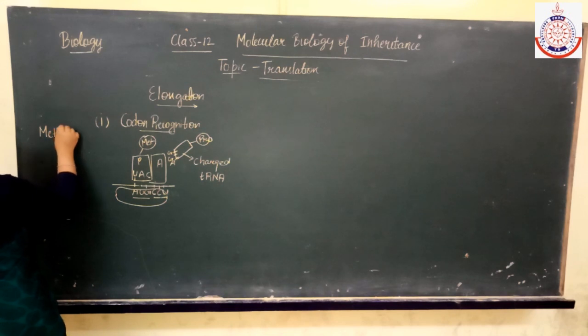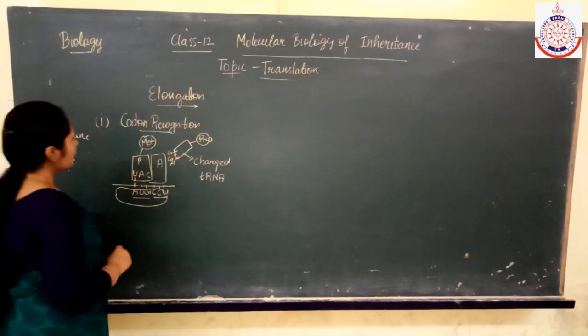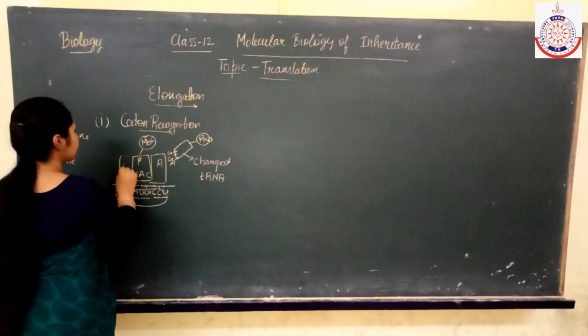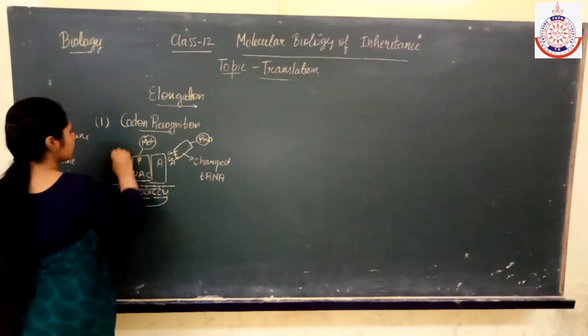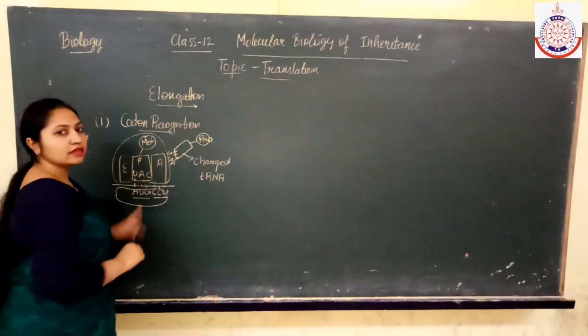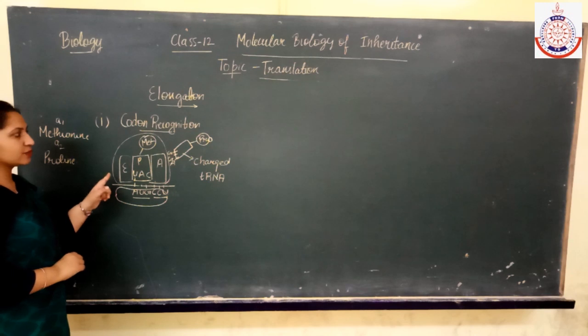So the first amino acid is methionine, and second I have written proline. Now it will come here, and this side that is empty is the E site, and all of this is present in the large subunit.